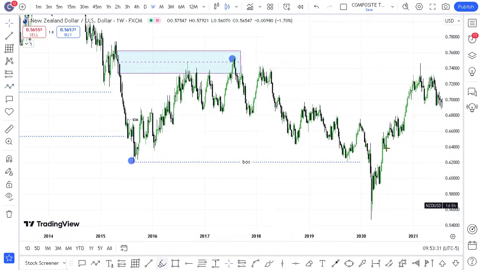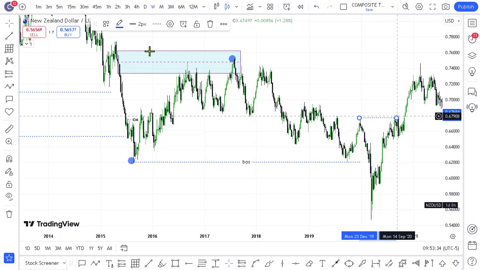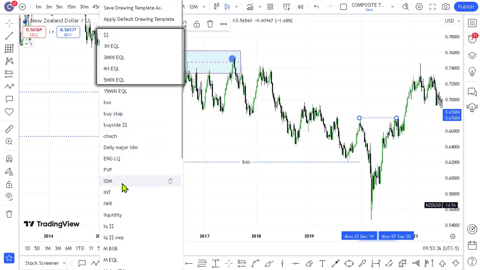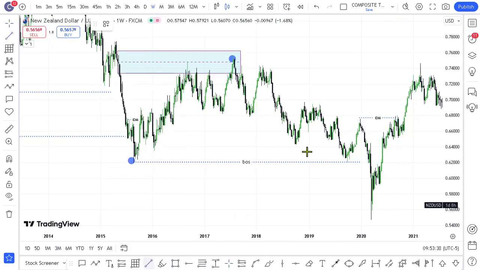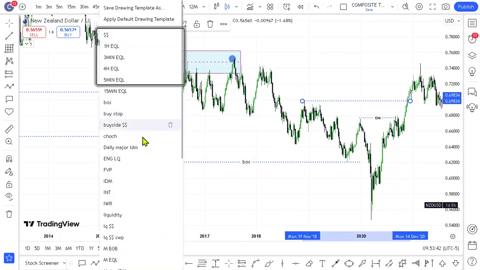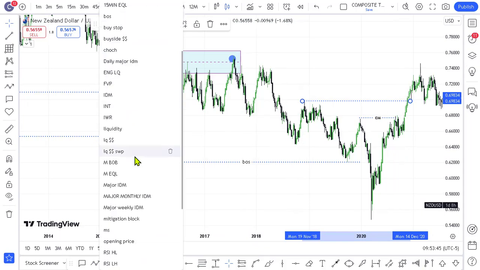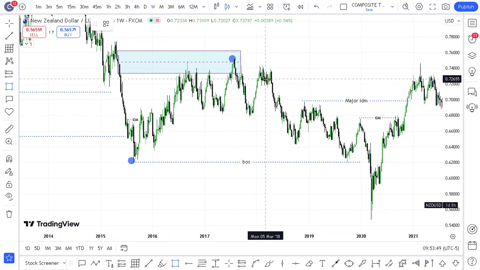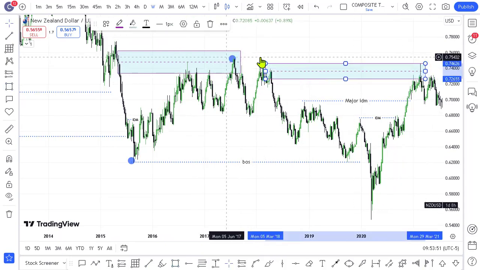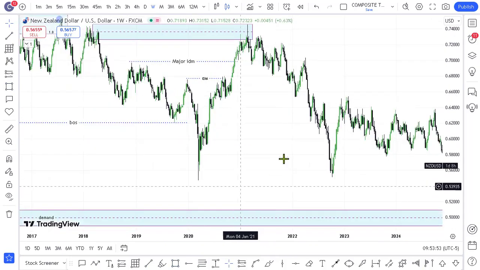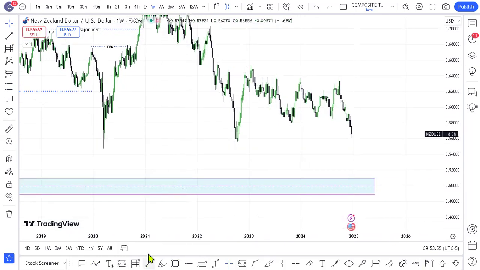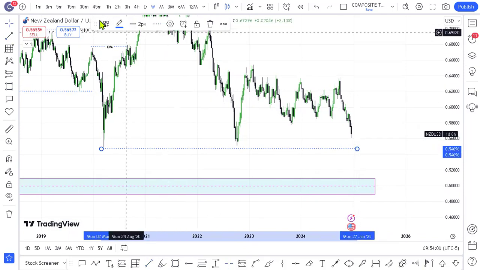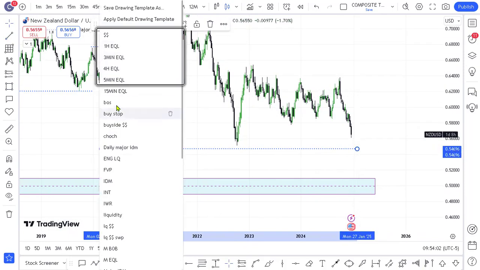And we can see here, normal inducement is here and extreme inducement is here, which is the major inducement and mitigation of this supply, because you know that if the price closes above that zone, we get a change of character. And now we are heading towards this low to break below that zone.